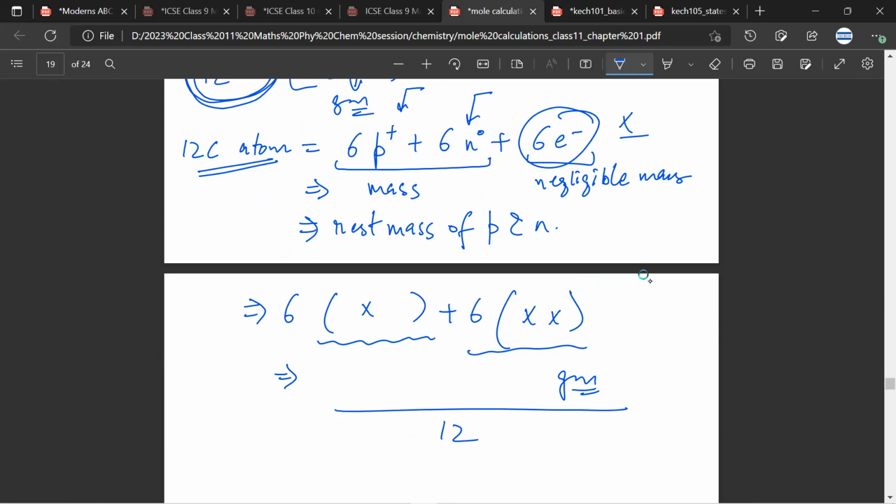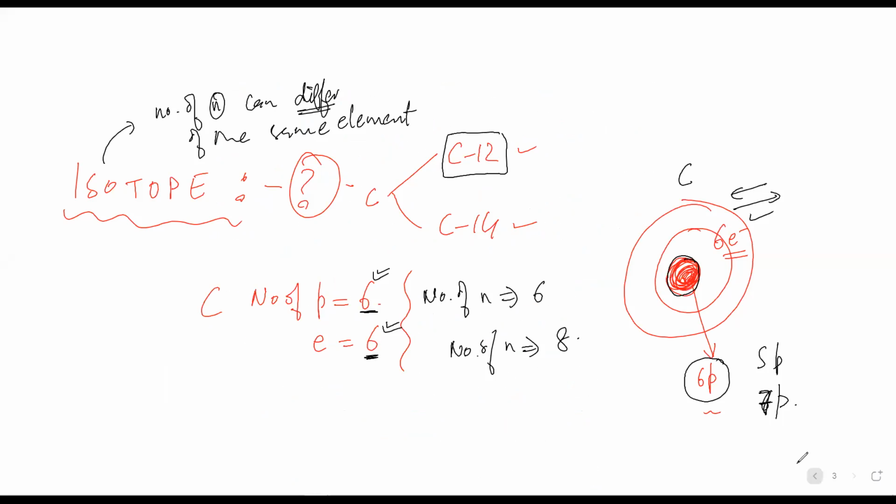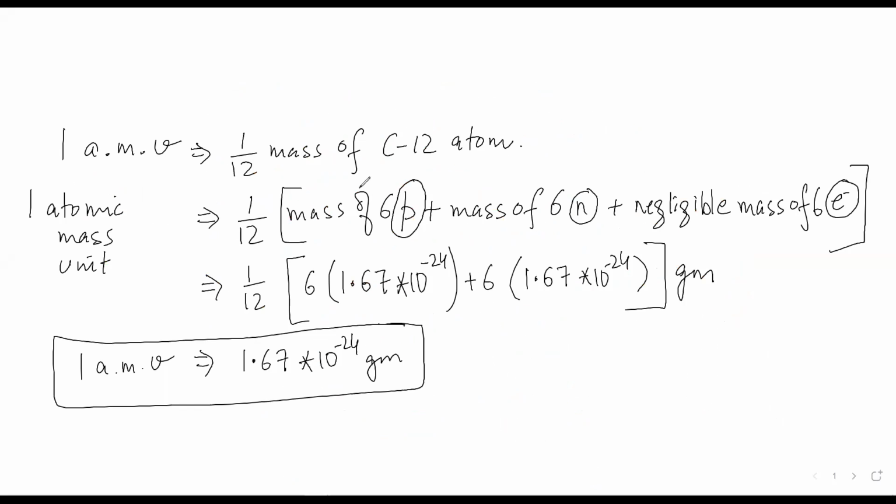So if you see, this is the calculation that I had done. I found the mass of proton to be 1.6 into 10 to the minus 24 gram. I found the mass of neutron to be 1.67 into 10 to the minus 24 gram. And there is a slight difference between the masses of proton and neutron.